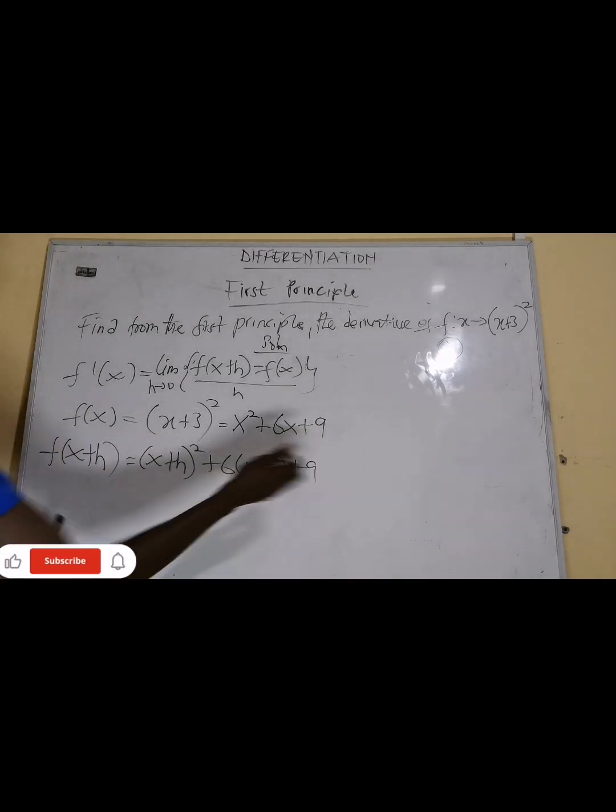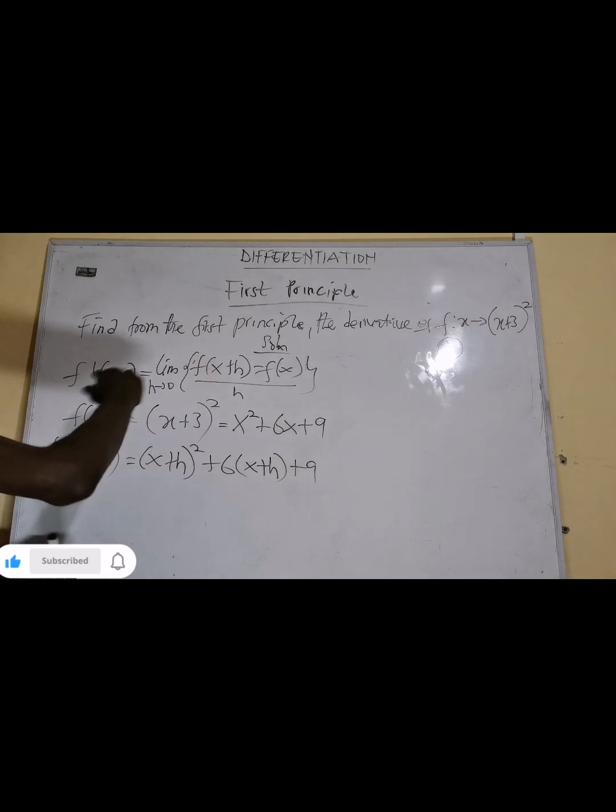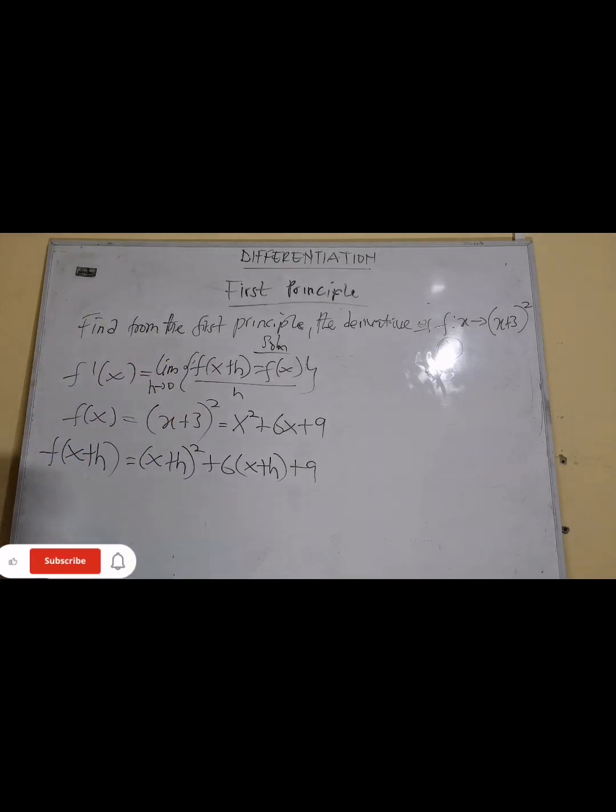Now from here, I'm going to expand the numerator before I do any substitution. Expanding this, I'm going to get x squared plus 2hx, and then we have h squared.